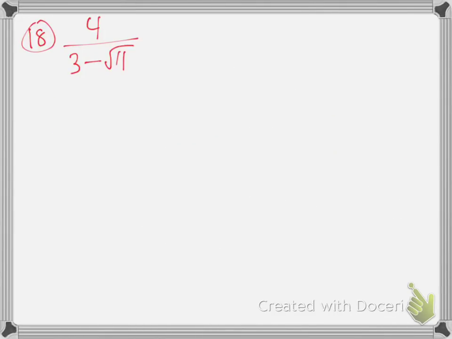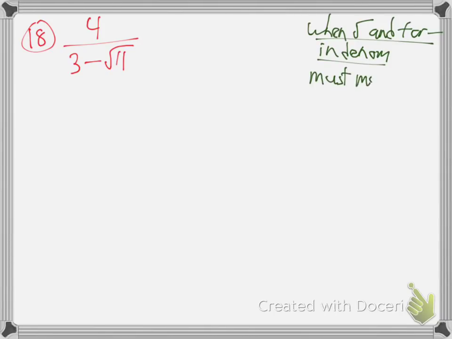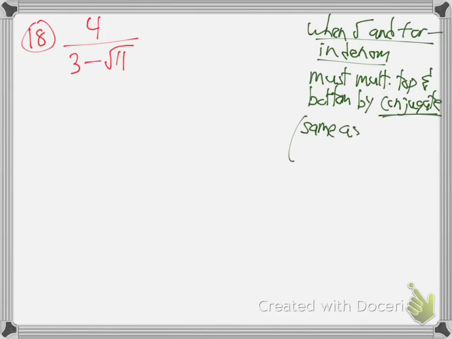Okay, so number 18. This one's harder. When you have a root and plus or minus in the denominator, see, you must multiply top and bottom by what's called the conjugate, which means same as denominator, opposite sign in the middle.